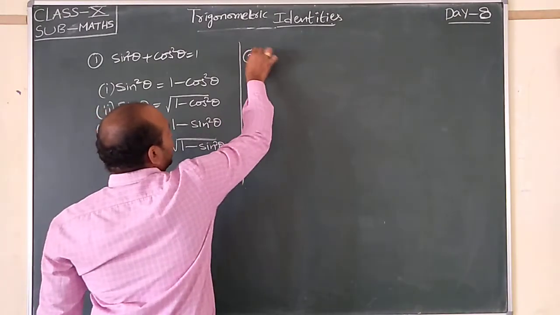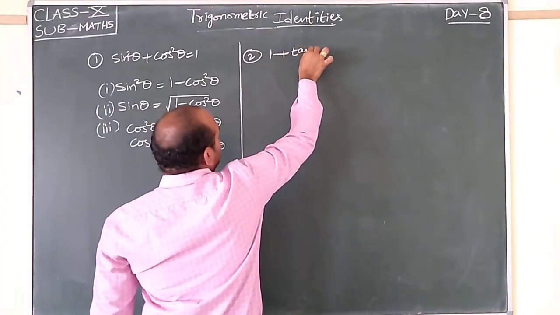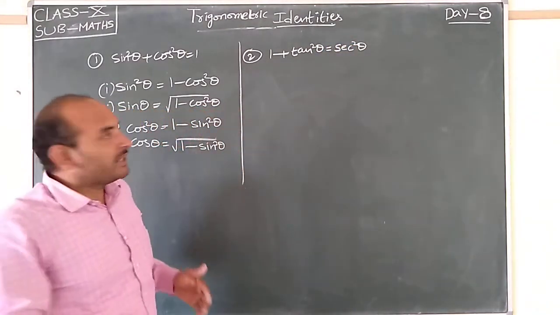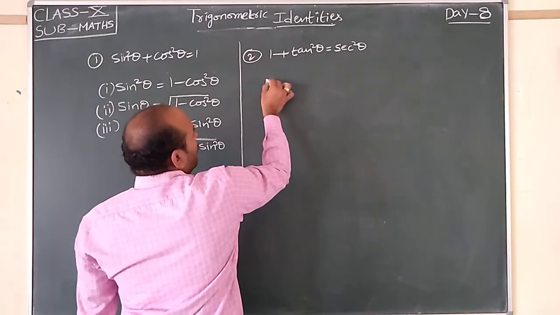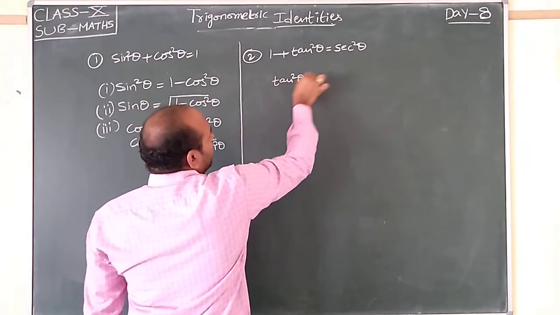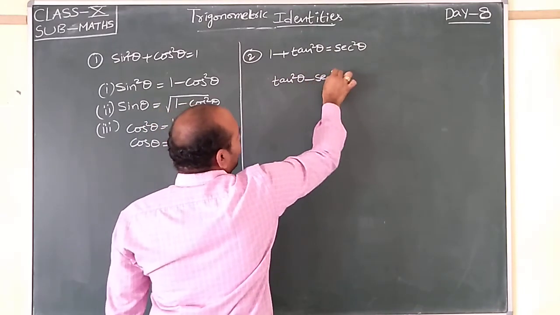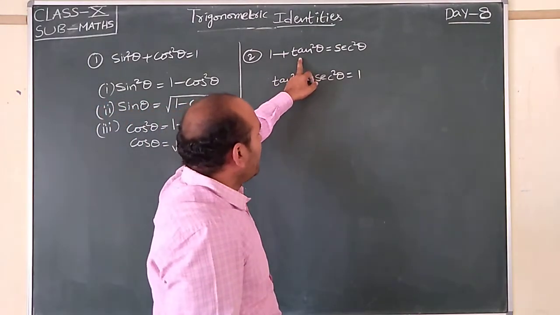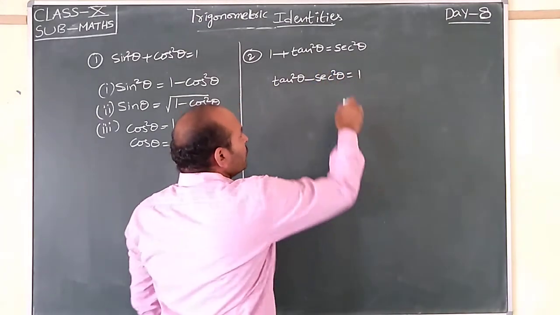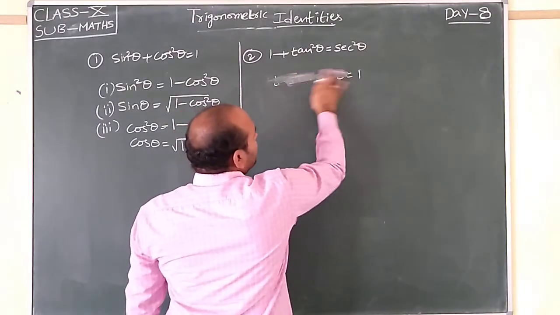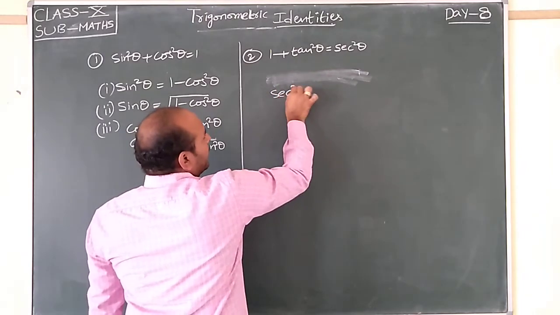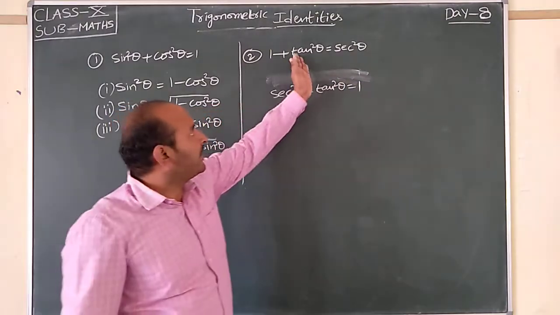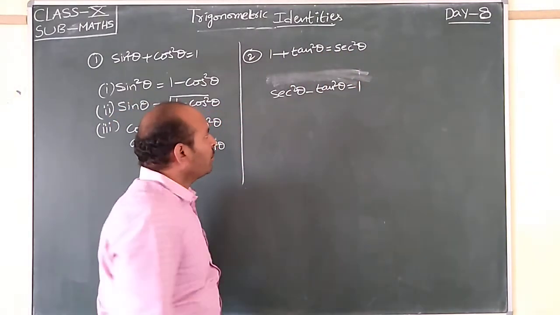Next, what is the second identity? 1 plus tan square theta is equal to secant square theta. You can use this formula in further problems. Taking tan square theta to the other side, secant square theta minus tan square theta is equal to 1.